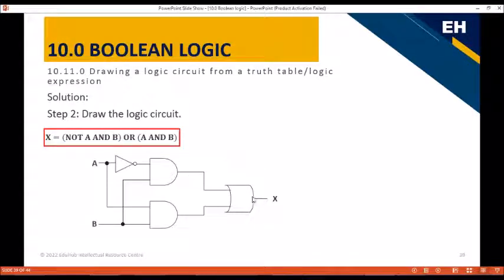The OR gate is what we have here in between A and B. A is coming from here and B. Just master the craft of drawing this so it doesn't look clumsy and disorganized. So we have 1, 2, 3, 4 logic gates. Very important.